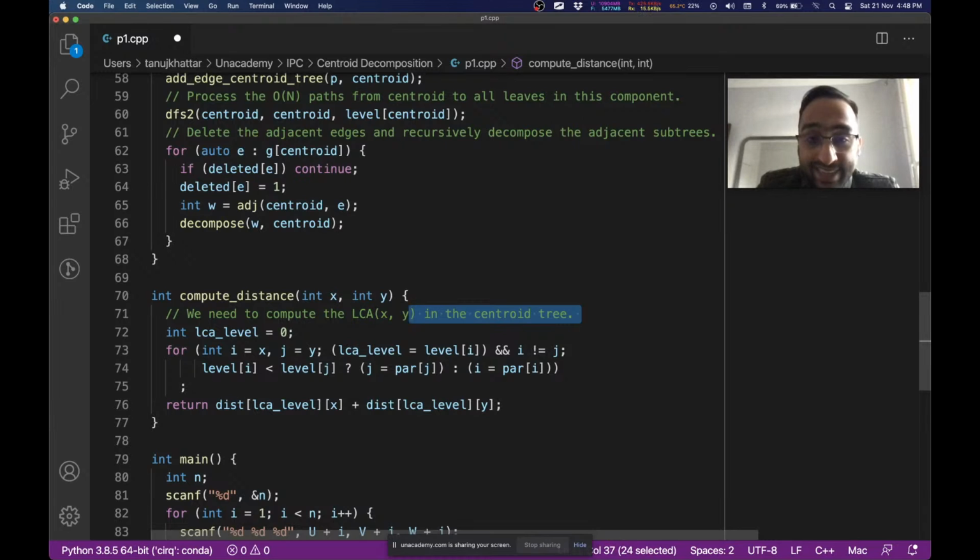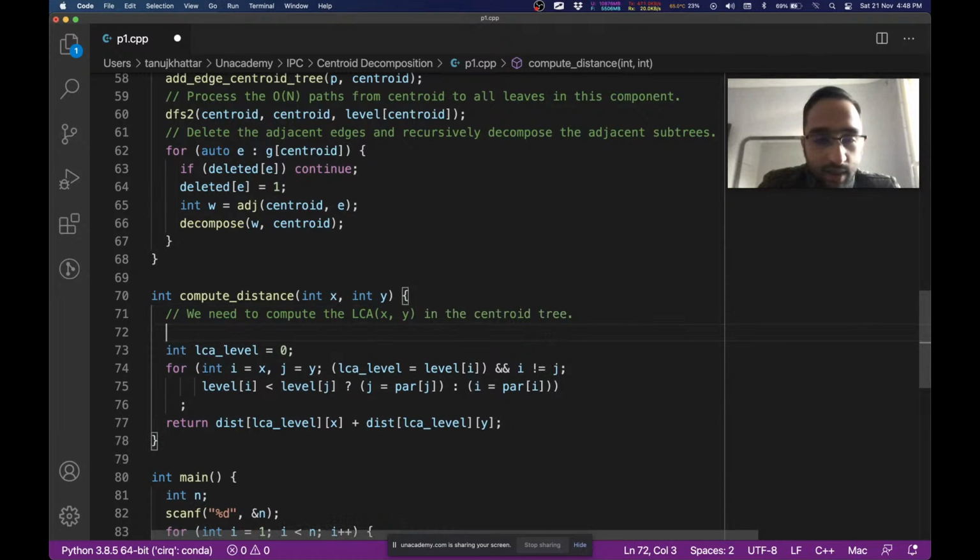So even if you don't do any pre-processing and just iterate manually, starting from nodes x and y and iterating up based on the level of the nodes until you reach the LCA, the complexity would be order log n to find the LCA.